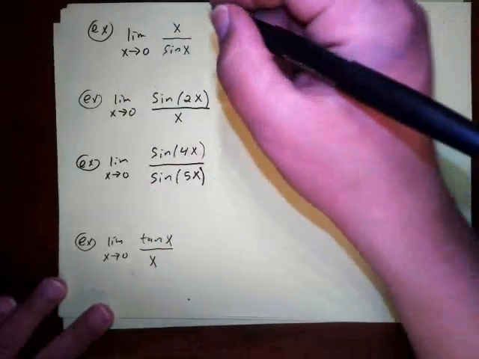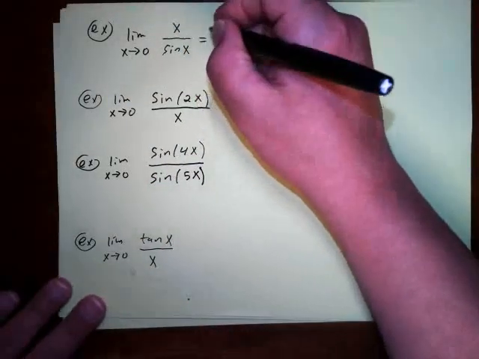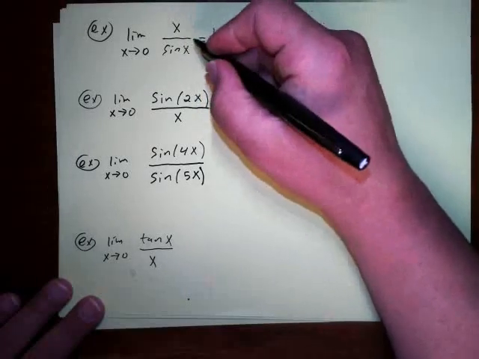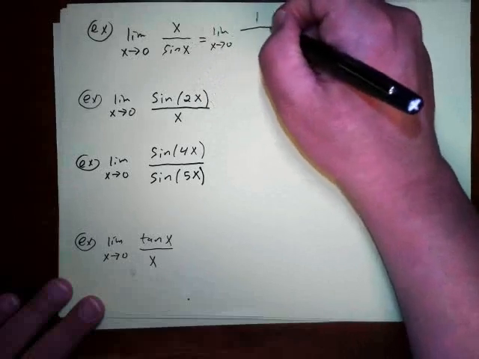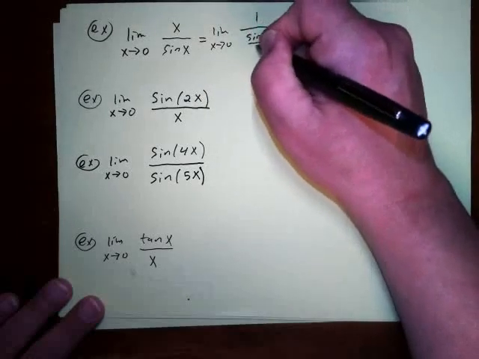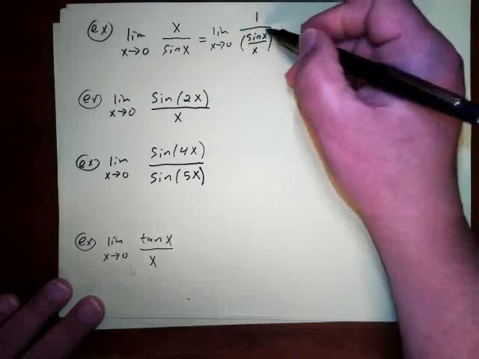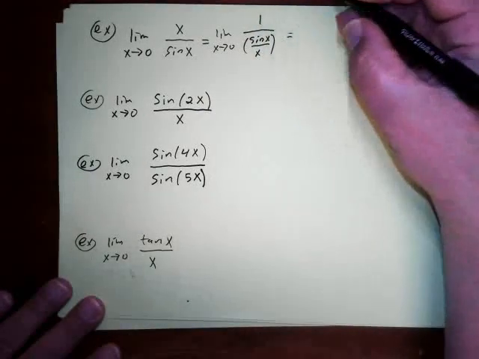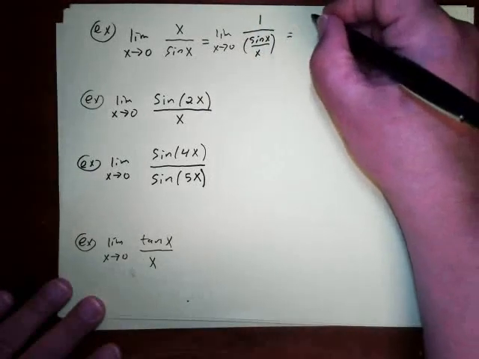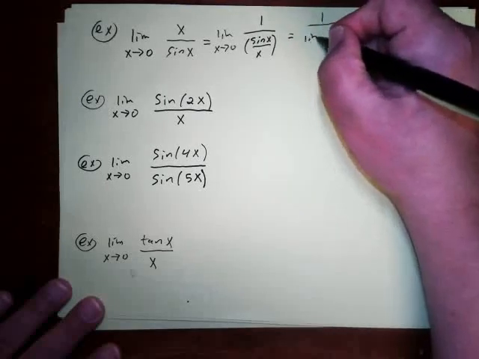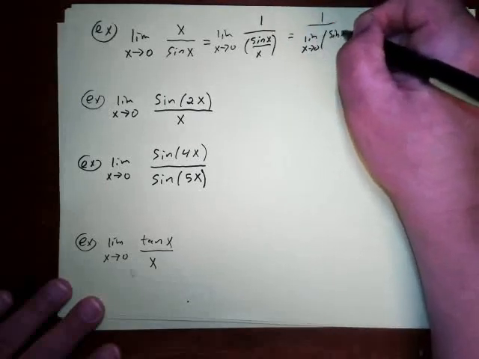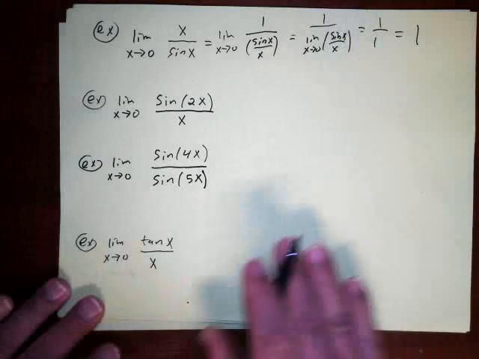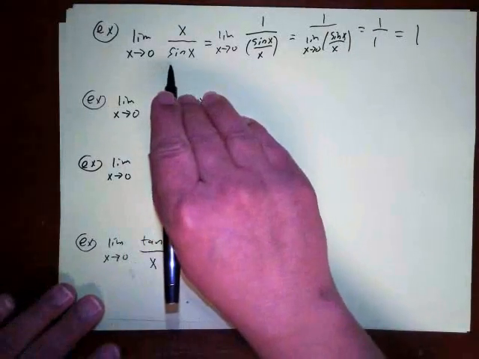I'm not sure if that's always true, but one way to see that in this case it is true is I can rewrite this as 1 over sine x over x. If I inverted and multiplied, I would get that. And now I can take the limit of the top and the bottom, right? This would just be 1 over the limit as x goes to 0 of sine x over x. And you would see that that would go to 1, which is just 1, right? So this limit is also equal to 1.